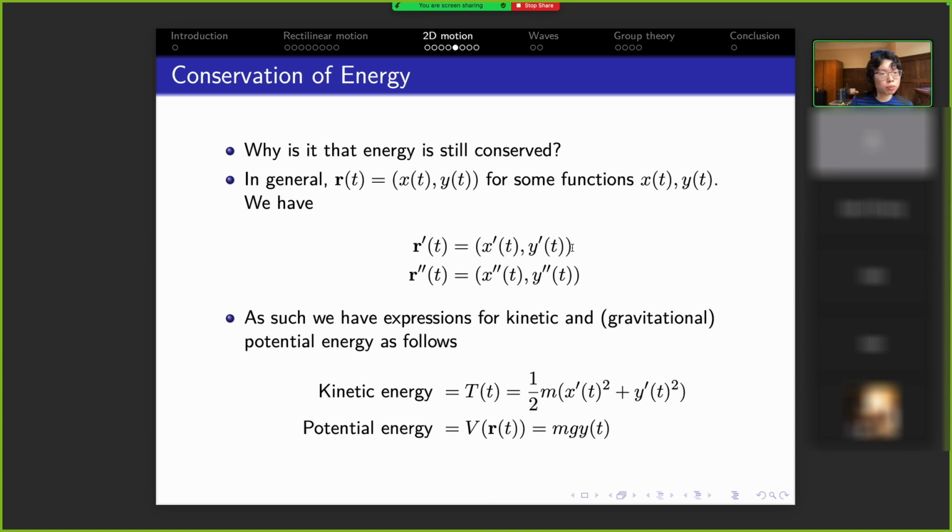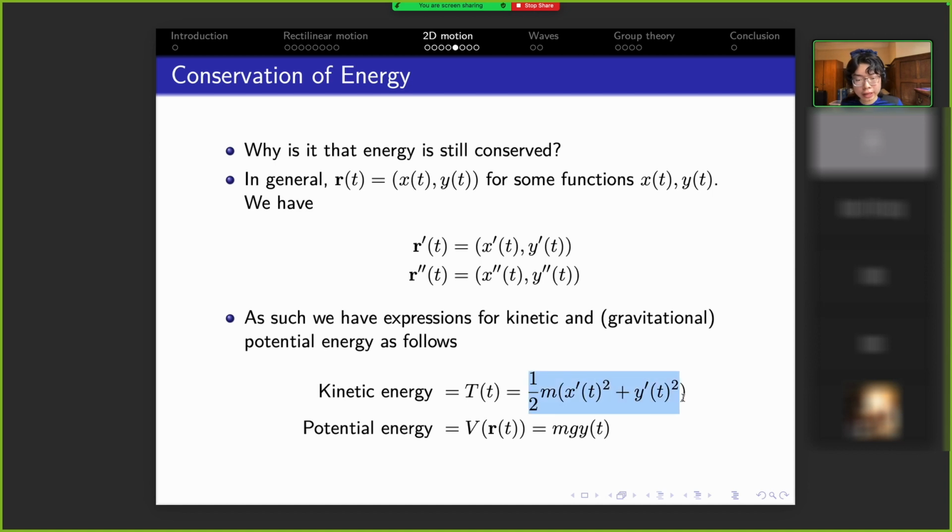This was not a problem in one dimension, because there we can just square the velocity and get something positive. But here we actually need to measure the magnitude. So the kinetic energy is now going to be based on the length of this vector, the square root of this squared plus this squared, and then in the kinetic energy we need to take the square of that as well.